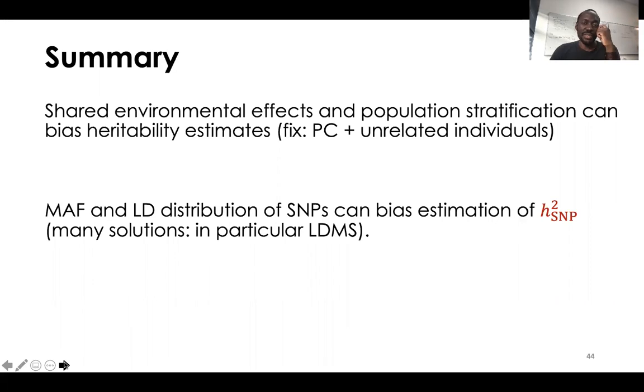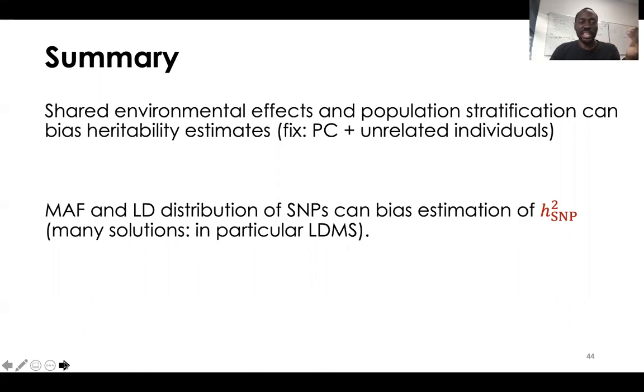That's one important thing to do. Once we have those components, ideally recalculated in a more homogeneous sample, we can use them as fixed effects to correct for potential biases due to population stratification.